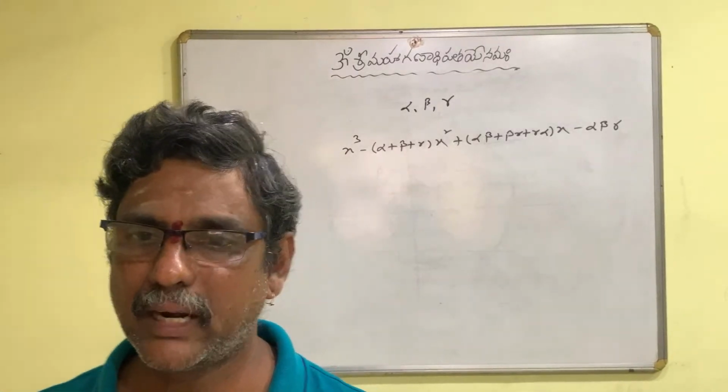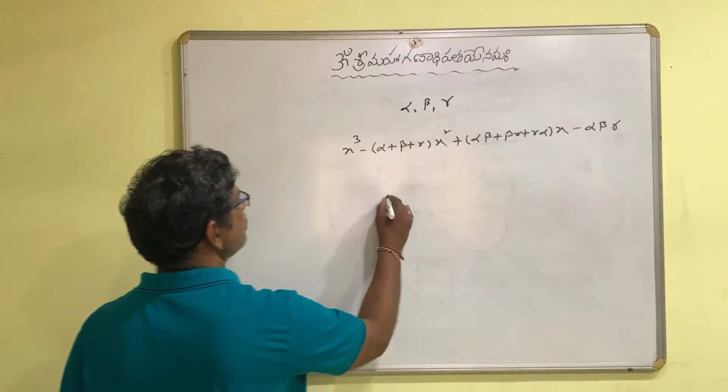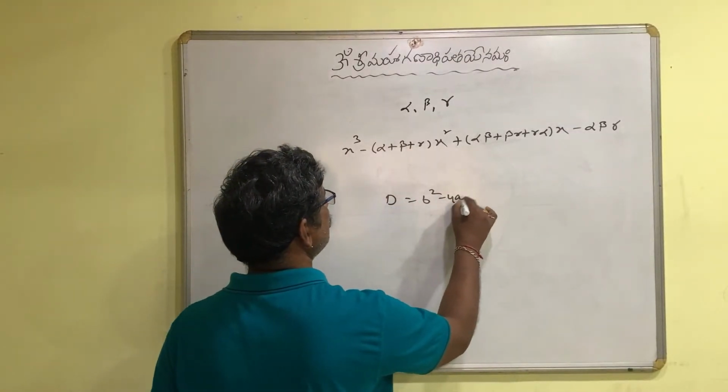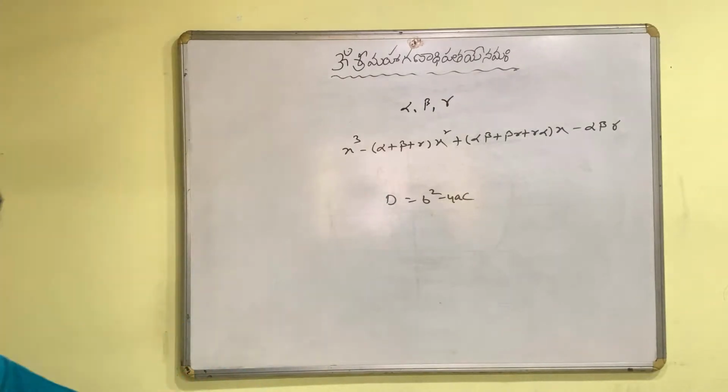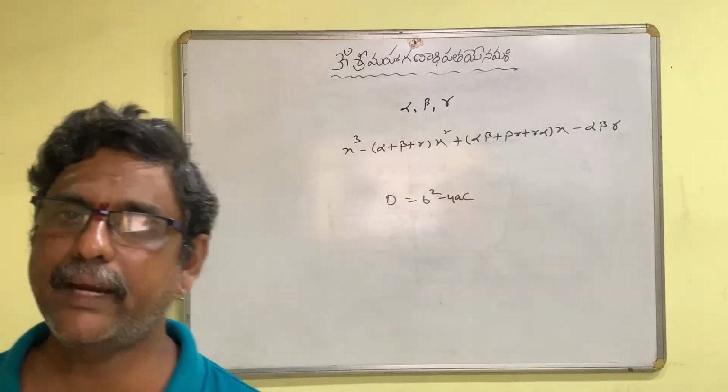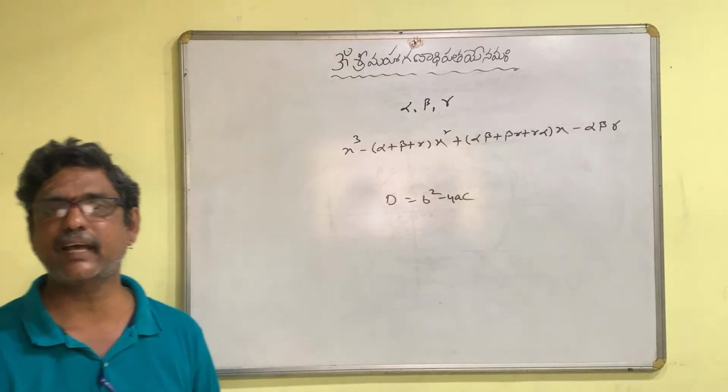D in the formula is b square minus 4ac. So how to find out a cubic polynomial when its zeros are given? This is the formula.